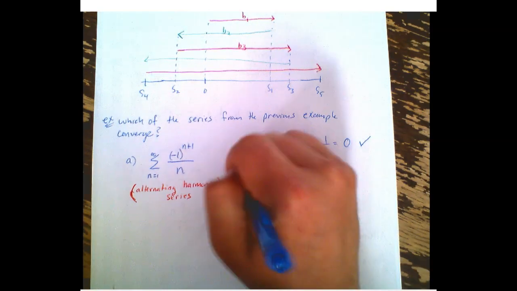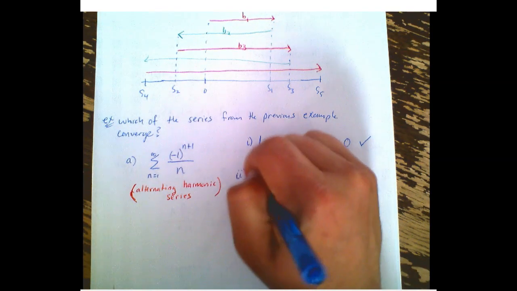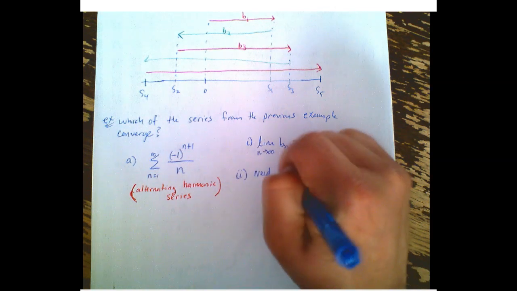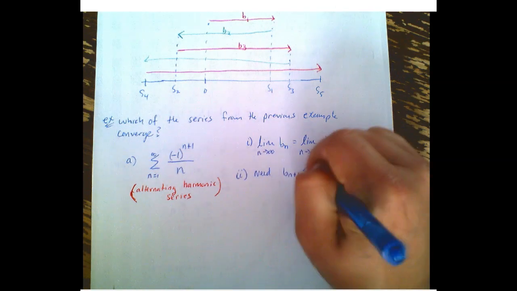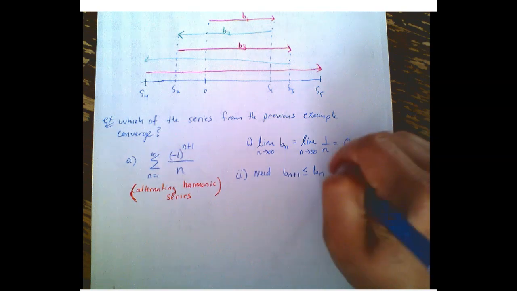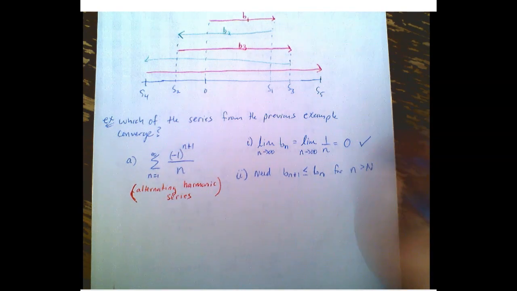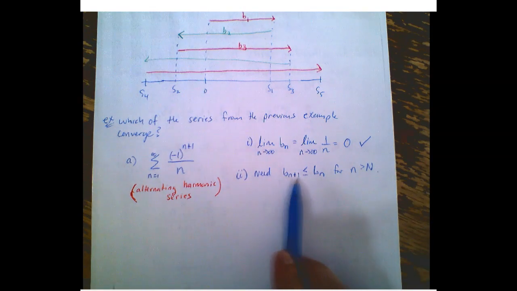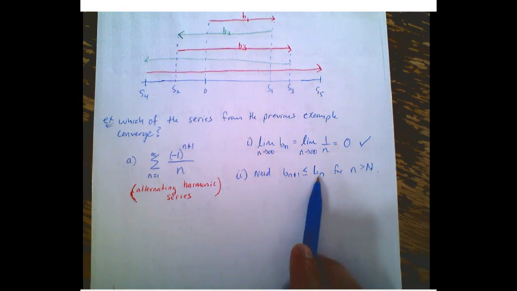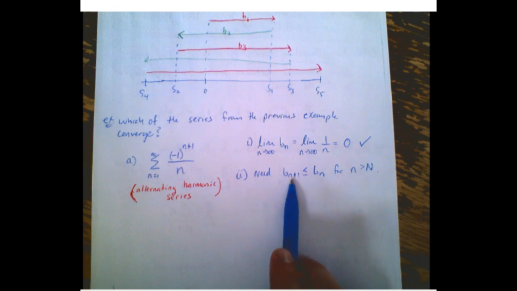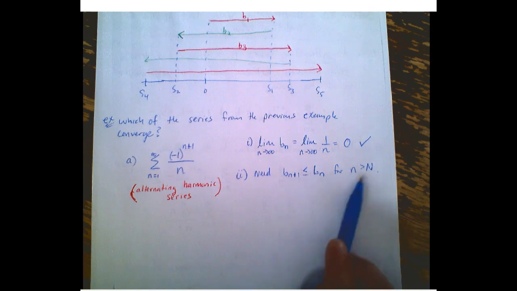The second condition, we need to show that the subsequent terms are decreasing for n greater than some n value, right? So it doesn't necessarily have to be monotonic decreasing, but at some point, all the subsequent terms in the series have to be less than the previous terms after some value of n, okay?